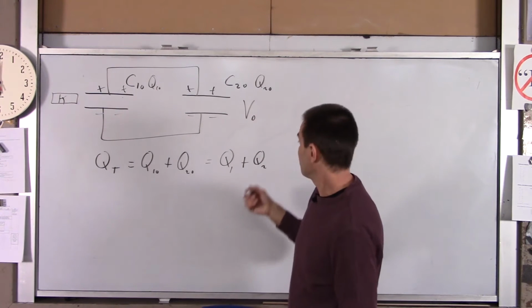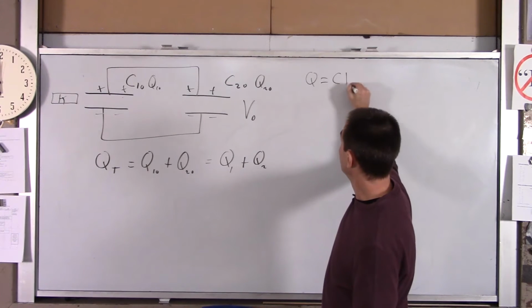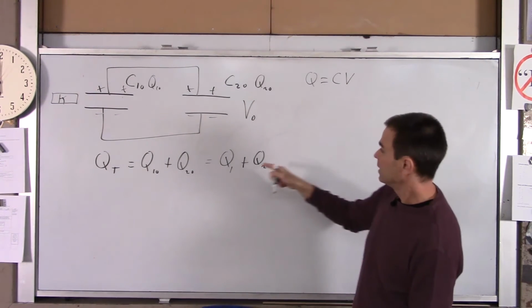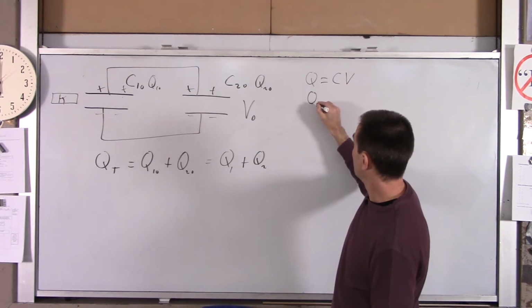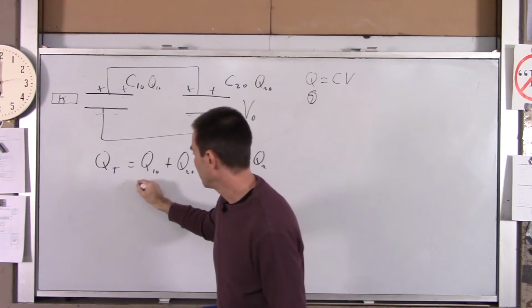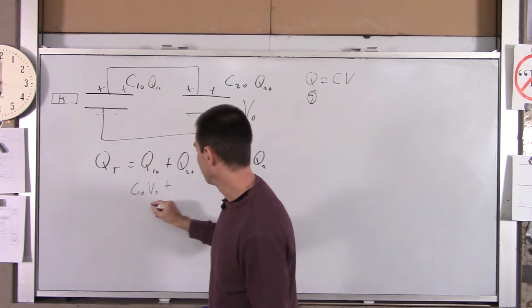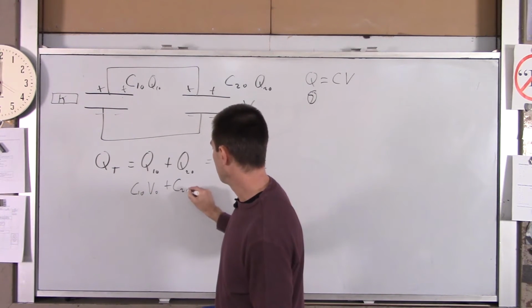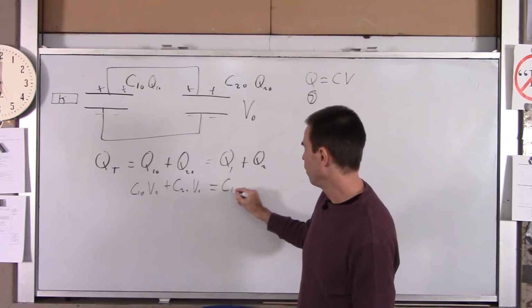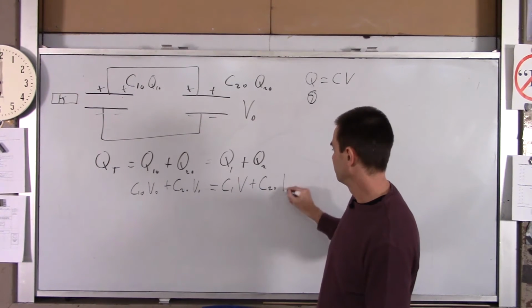Now, I do know that Q equals CV in general. Charge is capacitance times voltage. So I'm going to take CV for each of these. Here we have C1 naught V naught plus C2 naught V naught. Afterward, I've got C1 V final plus C2 naught V final.